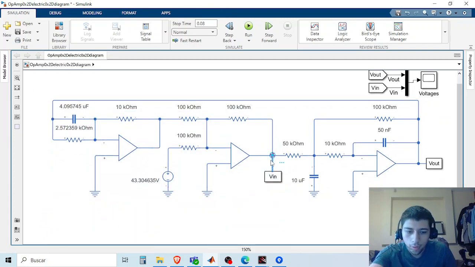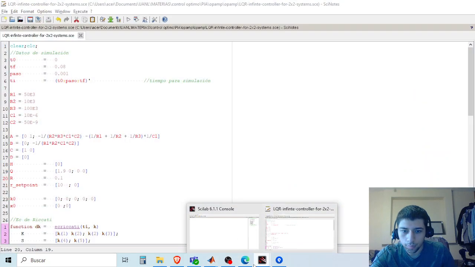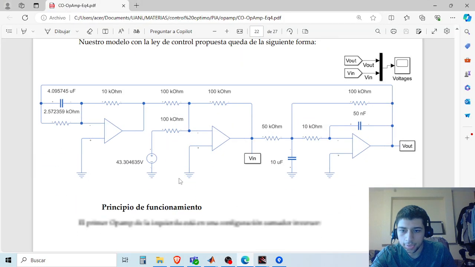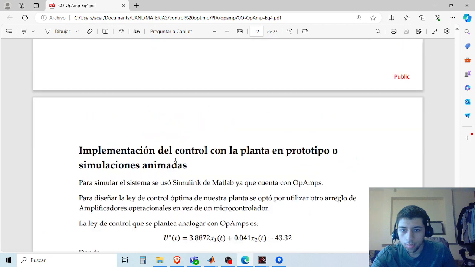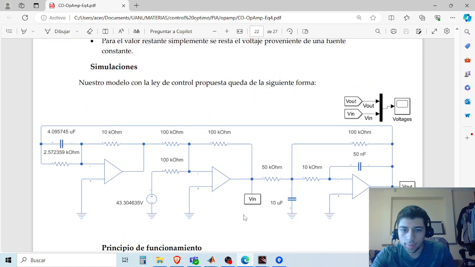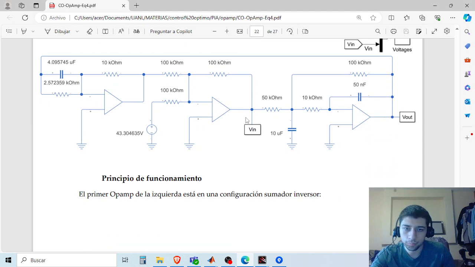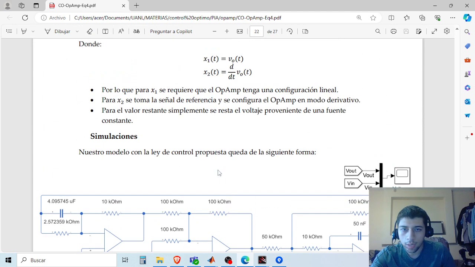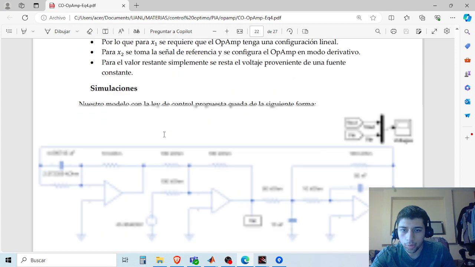And how does it work? Let me explain. Let me go back to the presentation. How, with this op-amp configuration, can we follow the control law?